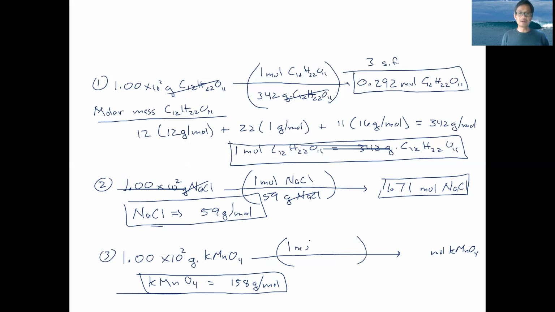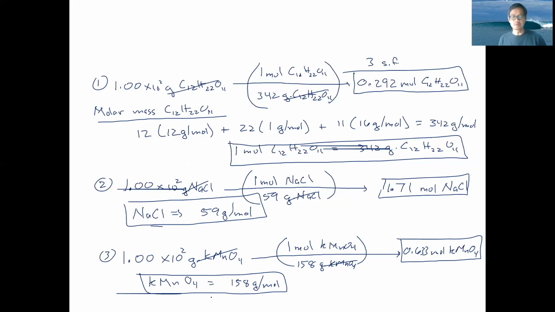Why do we divide by the molar mass? Because if we plug in 158 grams on the bottom of potassium permanganate, that unit cancels out. And we end up with our answer of 0.633 moles of potassium permanganate.